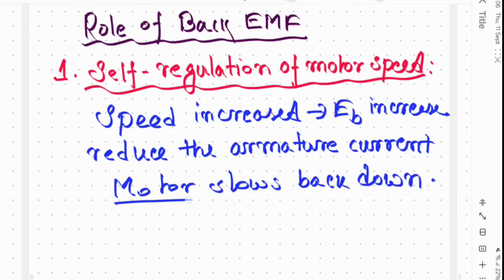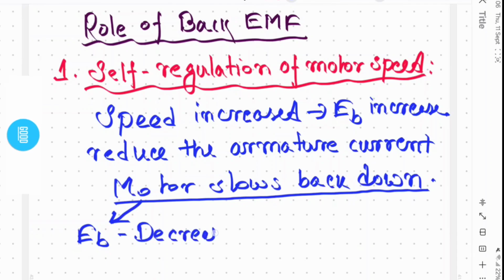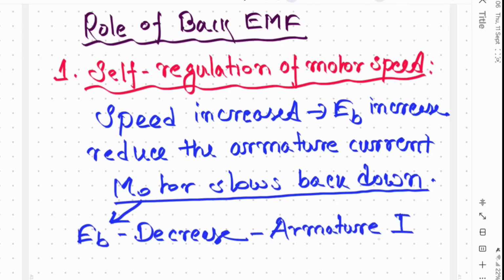Now if the motor slows down, EB will decrease. Because of this, the armature current will increase.